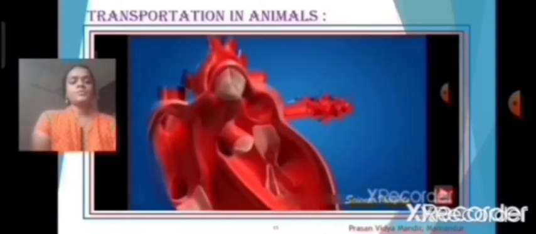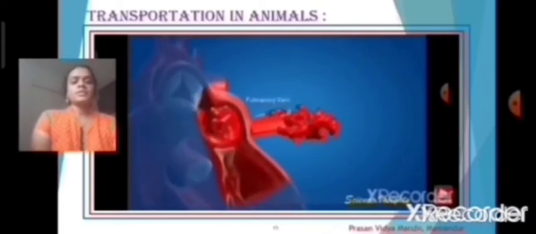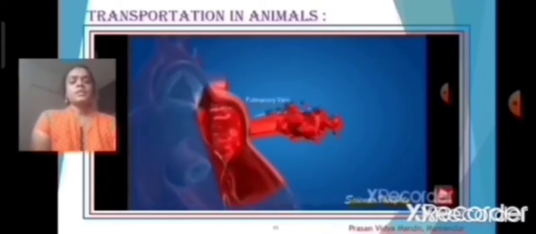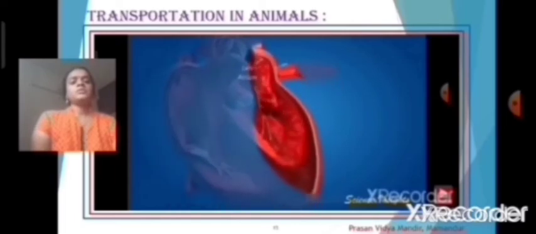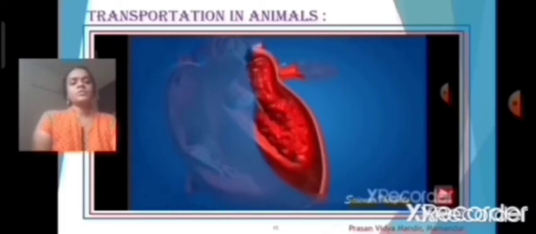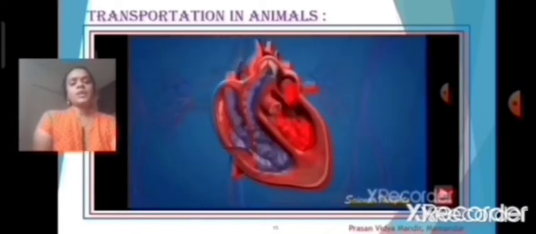In reverse, the oxygenated blood, which is pure red in color, reaches the left atrium via the pulmonary vein. When the left atrium is fully filled, the blood goes to the left ventricle, as the bicuspid valve closes behind it.